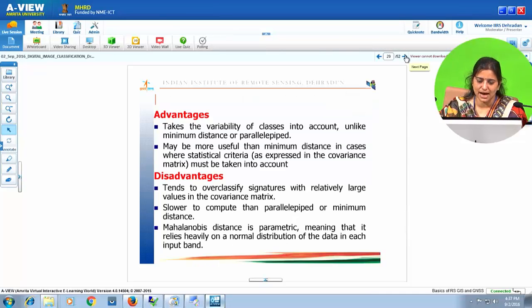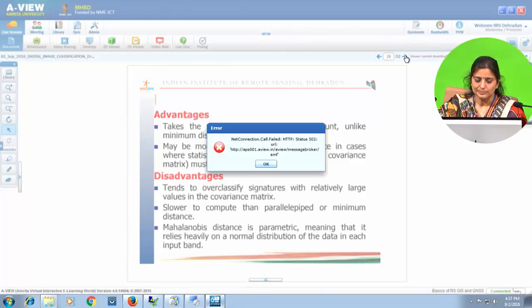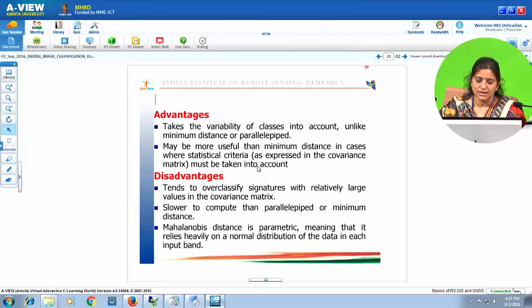The advantage is that it takes the variability of classes into account. Unlike minimum distance or parallelepiped, it may be more useful than minimum distance in cases where statistical criteria must be taken into account. The disadvantage is that it tends to overclassify the signatures with relatively larger values in the covariance matrix.